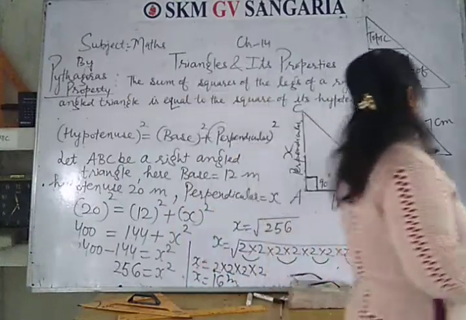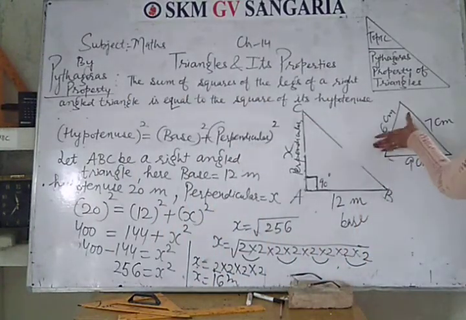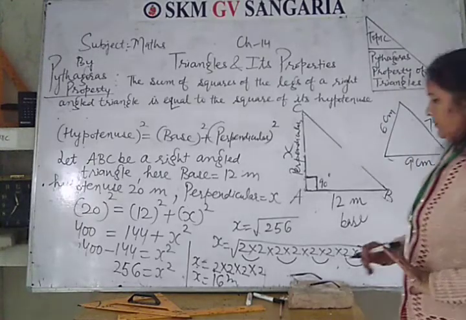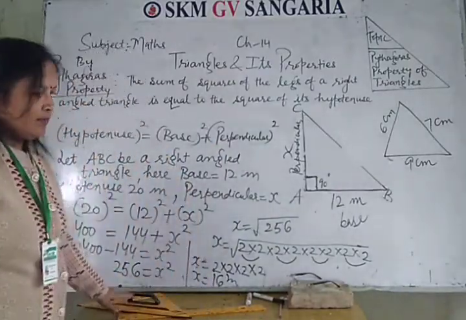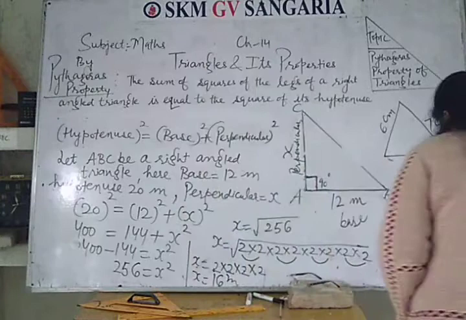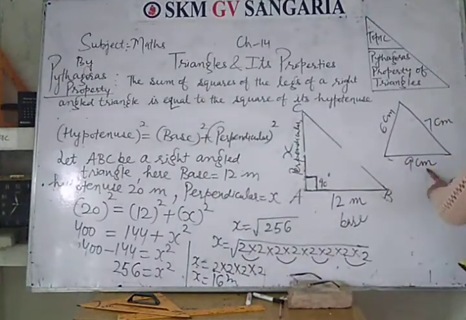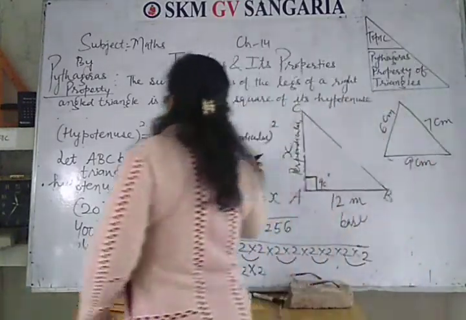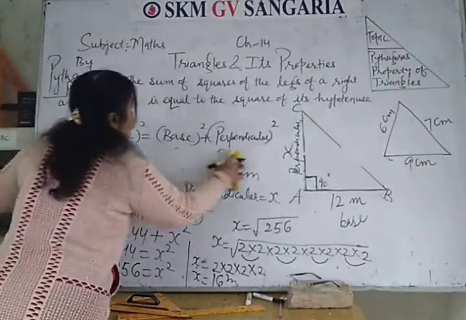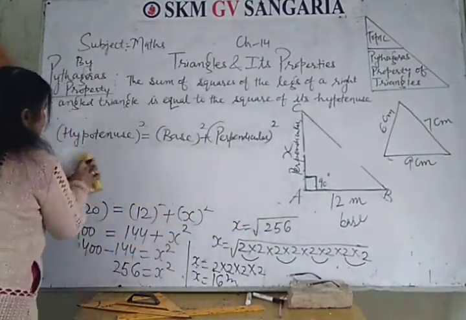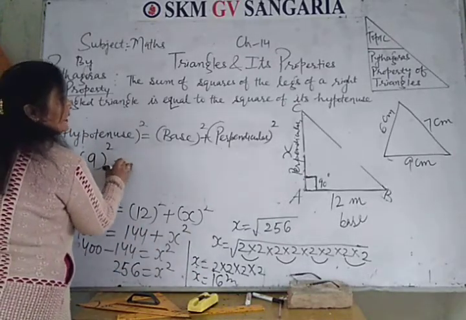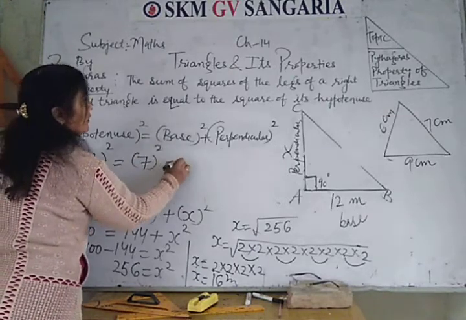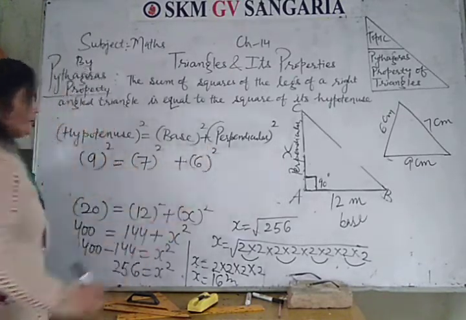So the longest side here is 9, and the others can be one base and one perpendicular. The longest side will be called hypotenuse. So we will consider this 9 centimeter as hypotenuse, and we will check 9 square is equal to 7 square plus 6 square.